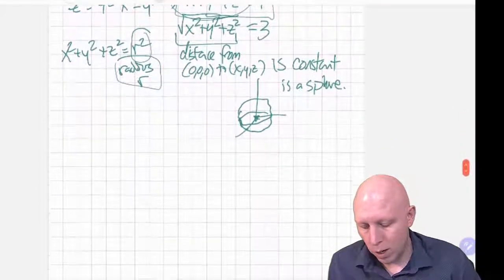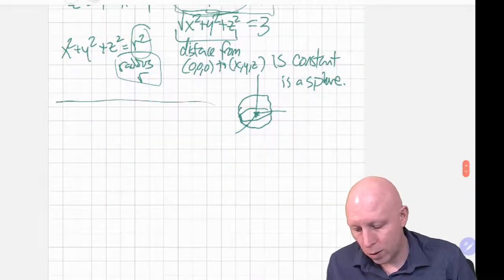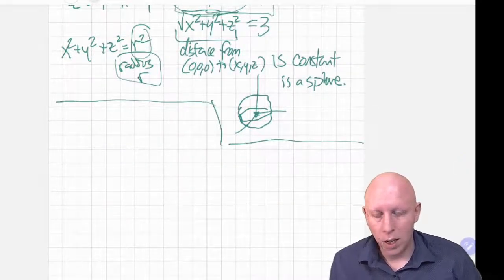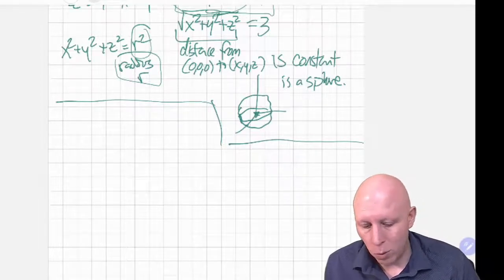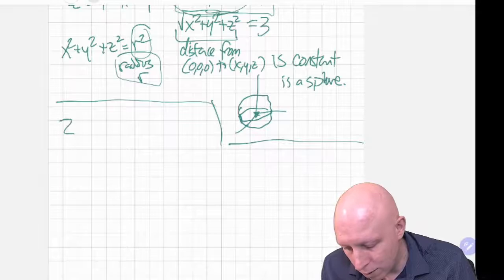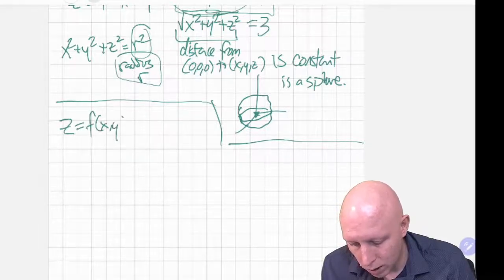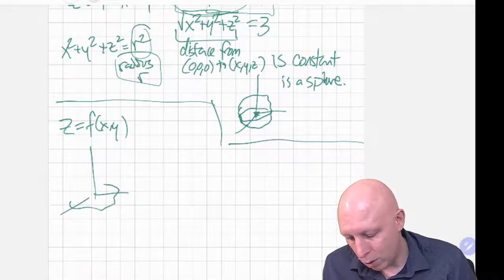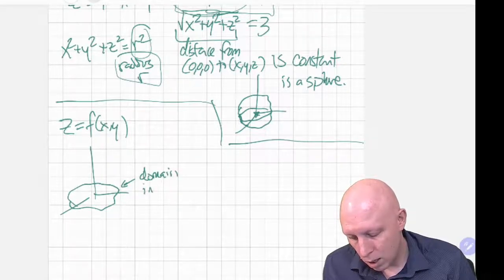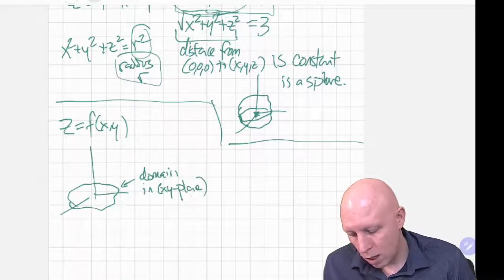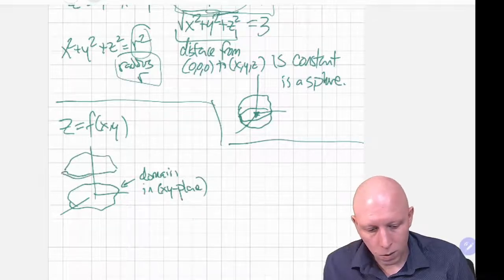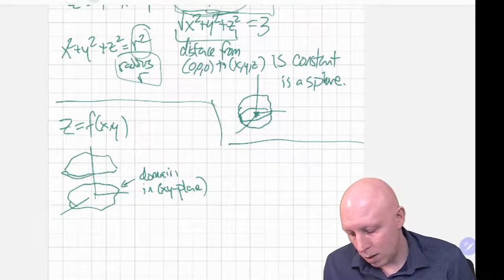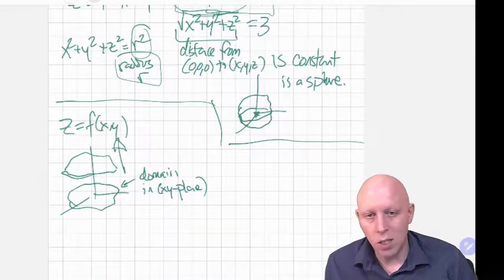So before I go on to show us how to do this in Mathematica, what I think is really important to realize is that we've been talking about a function z equals f of x, y. And we've been saying that's a graph where we have some domain in the xy plane, and then it's a surface that is oriented in the z direction.